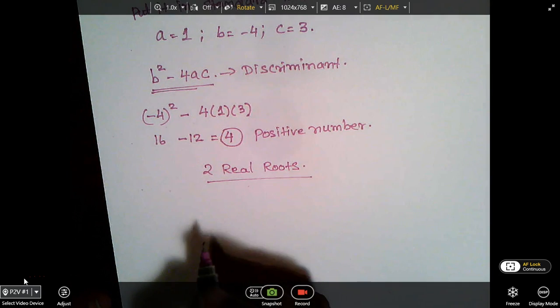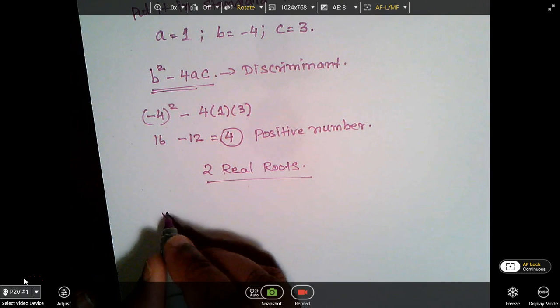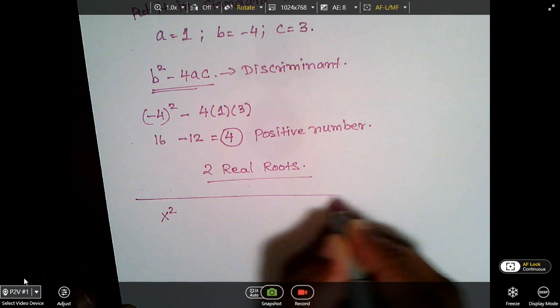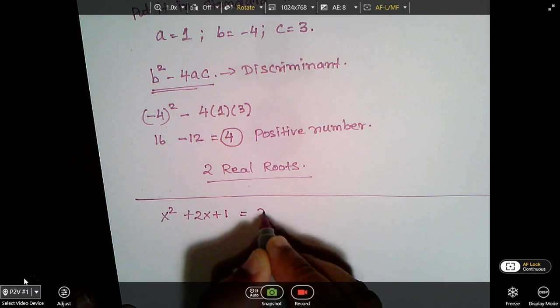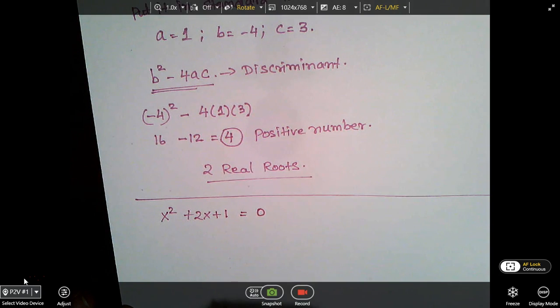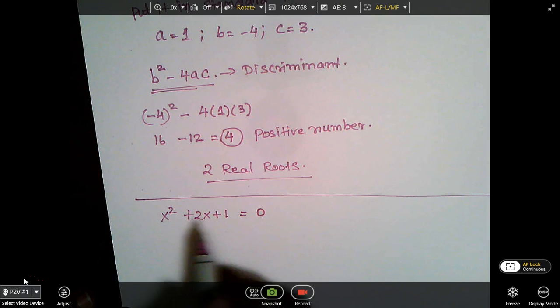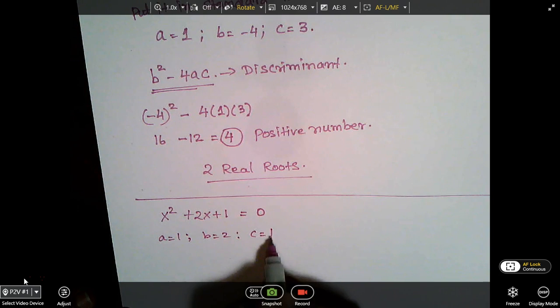So let's take another equation. x squared plus 2x plus 1 equal to 0. Again, this is in standard form. a is 1, b is 2, and c is 1. How many real roots? That's the question.